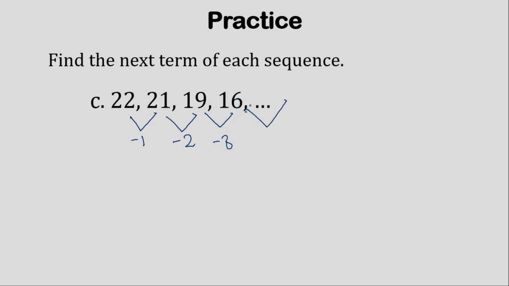Now what are we going to do to get the next term? You can see the pattern on this part: from minus 1, it becomes minus 2, it becomes minus 3. Now all we have to do is to minus 4. So 16 minus 4 is 12. So the next term, the answer, is 12. It seems easy, but it's great.